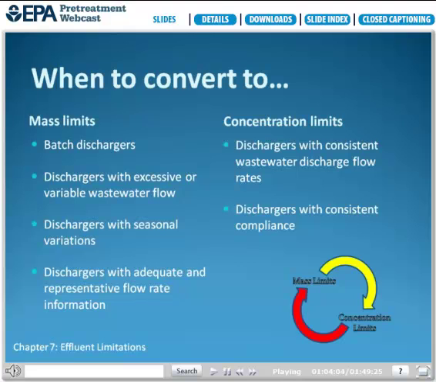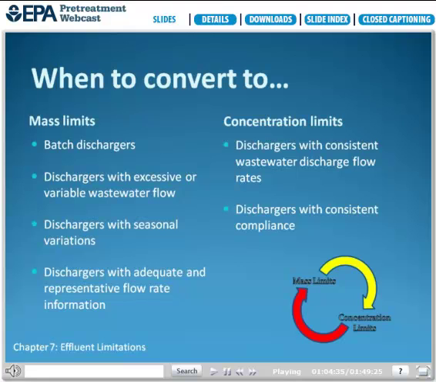The control authority may have the authority to establish equivalent mass limits or equivalent concentrations for federally established concentration-based and mass limits. The control authority may also want to establish some flexibility when applying its local limits. There are some circumstances when converting concentration limits to mass limits or converting mass limits to concentrations would be appropriate.